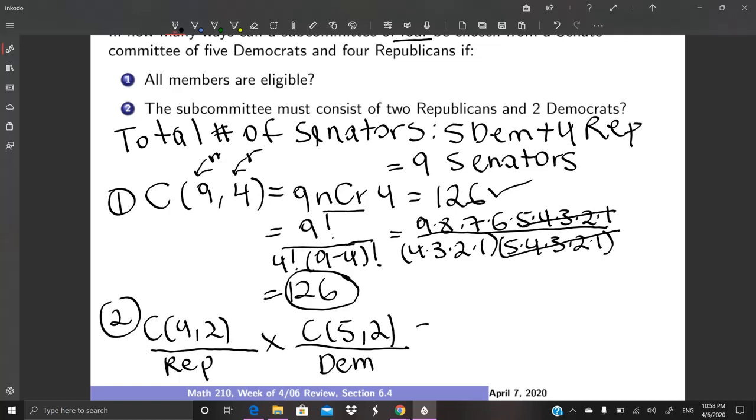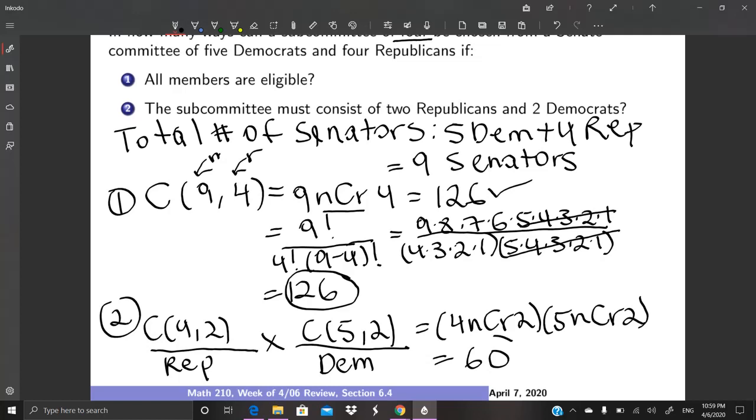So again, in your calculator, you would enter 4 nCr 2 times 5 nCr 2. And once you do that, multiply the 2 numbers together, 60. So there are 60 ways to choose 2 Republicans out of 4 and 2 Democrats out of 5. And you want to multiply the possibilities together.